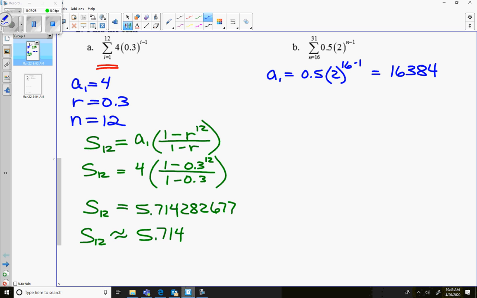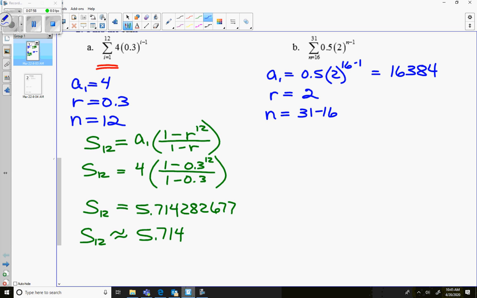Now, each consecutive term here is going to be multiplied by a slightly higher power of 2, just counting by 1. So in other words, our common ratio will be 2. Now, how many terms do we have? Well, to find how many terms you have, you take the end minus the beginning, and that tells you how far you've gone.